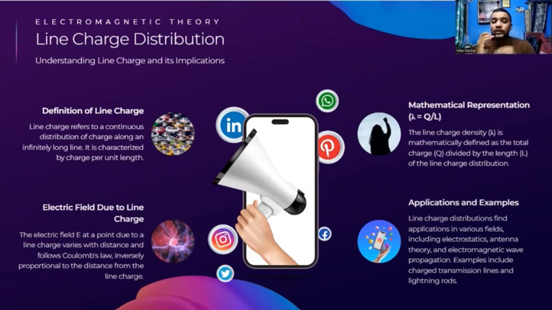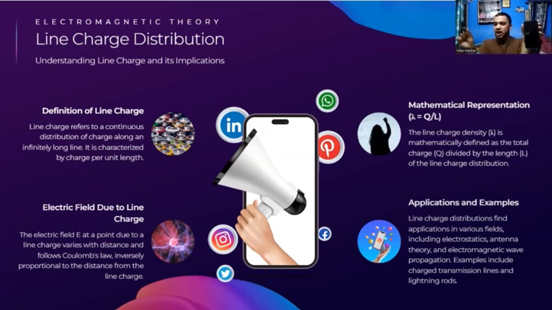What do we understand by the line charge distribution? Line charge refers to a continuous distribution of charge along an infinitely long line. It is characterized by a charge per unit length. Very simple. Example: a person A is communicating with a person B, and the charge between them is spread in a line.